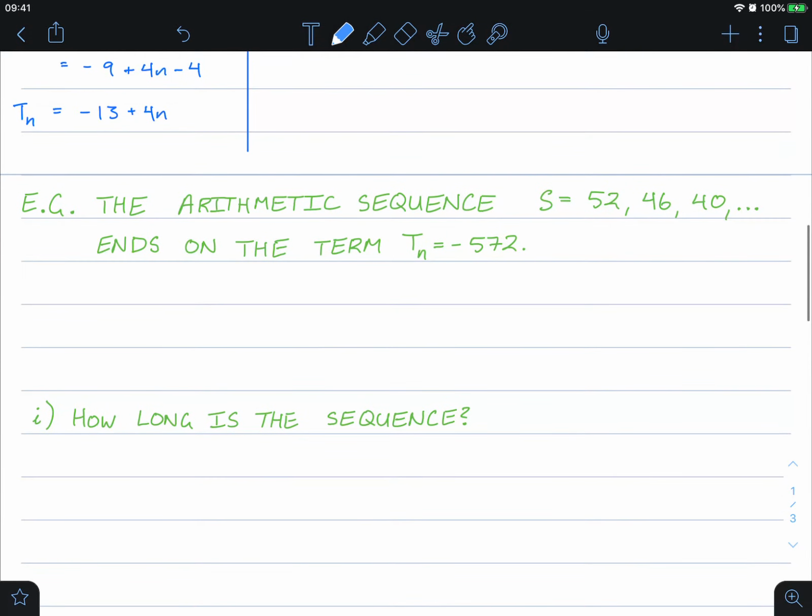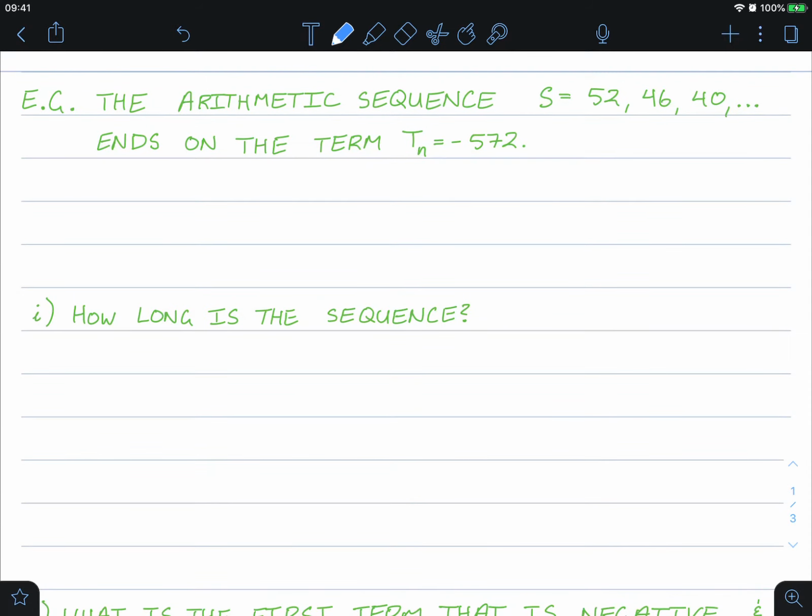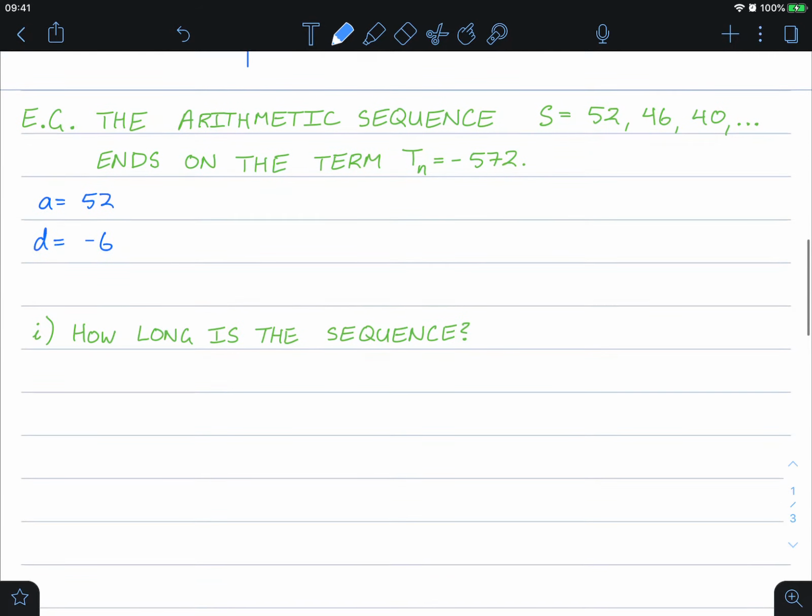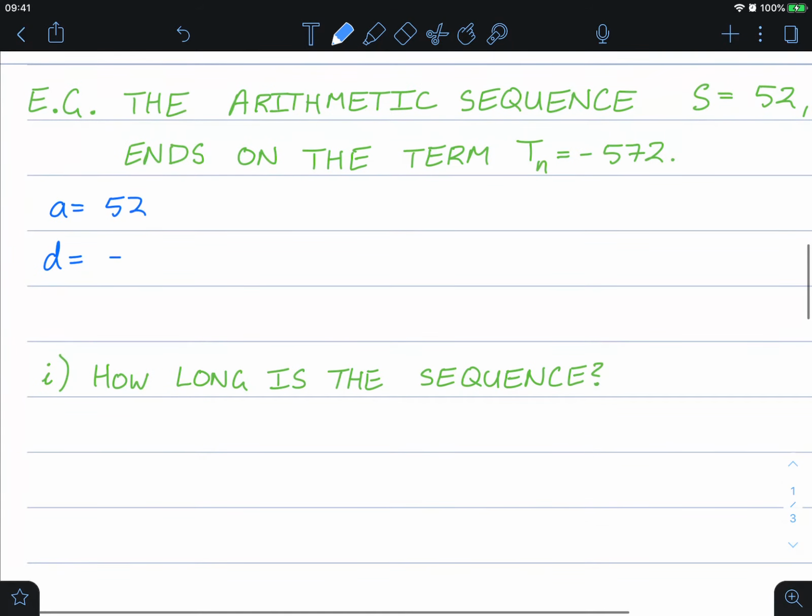As with most questions like this, we need to first find our t of n. We do this by finding a, which is 52. Our common difference is -6. I'm just subtracting 40 take away 46, so it's -6. This will give us Tn equals 52 minus 6(n minus 1).